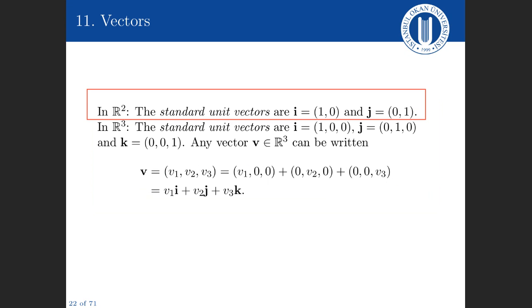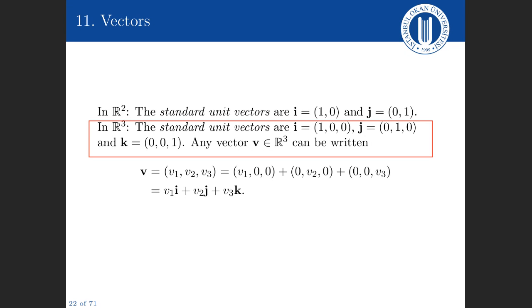In two-dimensional space, we have two standard unit vectors, which we call i and j. i is the vector 1, 0, and j is the vector 0, 1. In three-dimensional space, we have three standard unit vectors, which we call i, j, and k.